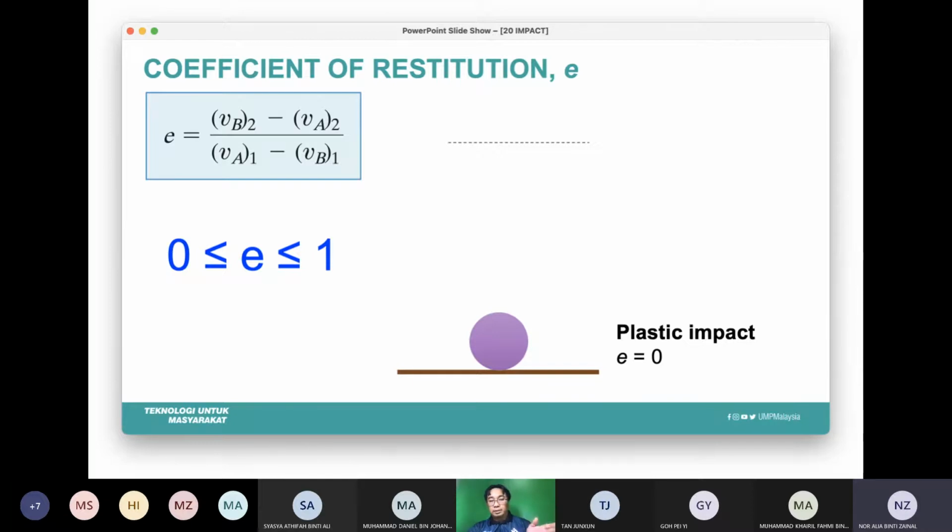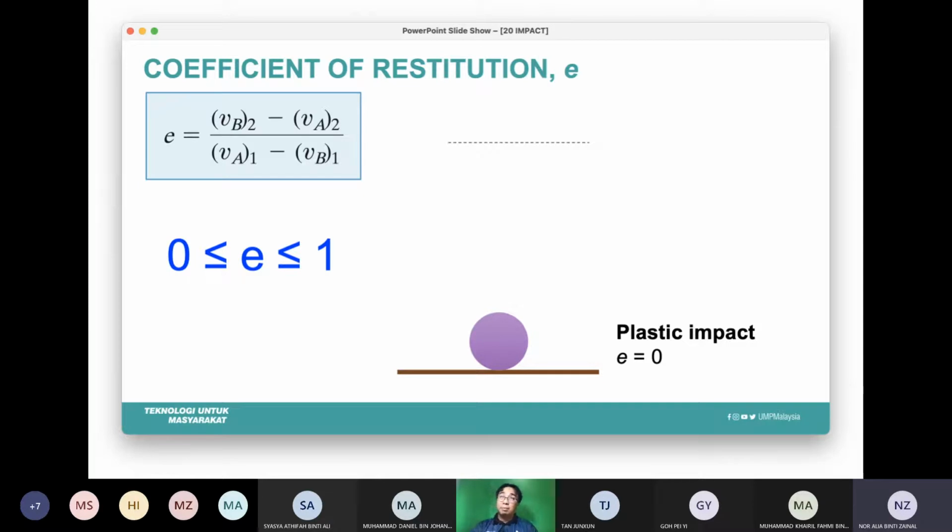So it must be within that range antara 0 to 1. It can never be negative value, it can never be more than 1. Okay, coefficient of restitution can never be more than 1, can never be less than 0. Dia tak akan jadi negatif, dia tak akan jadi lebih daripada 1.